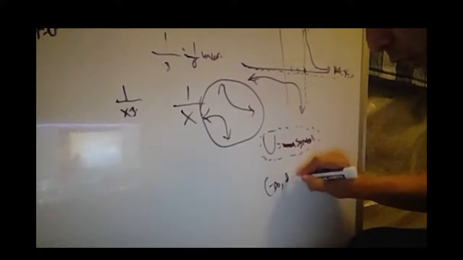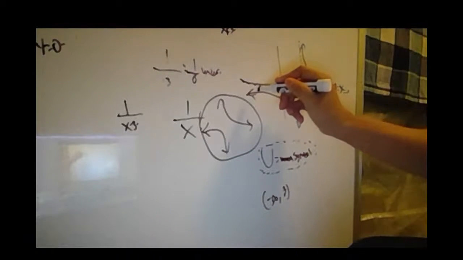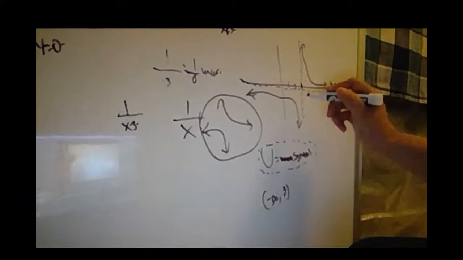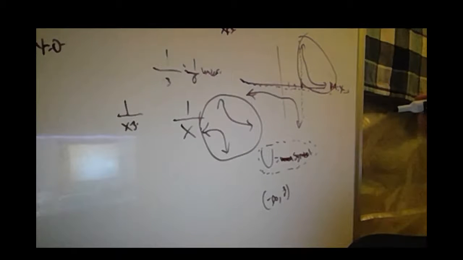If I just say it's from negative infinity to positive 3, what about this other part? We would leave that part out.